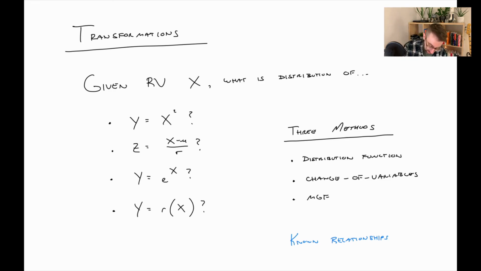So honestly, like if I told you that x here was normal, you should be able to immediately tell me here that z is standard normal. If I told you that x here was normal, you should tell me that y is log normal, and you should be able to look those things up. But you should also be able to use the techniques to derive the distribution of an arbitrary random variable that was defined to be a function of another random variable.